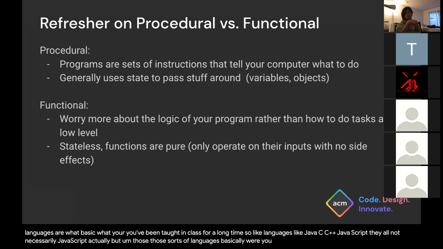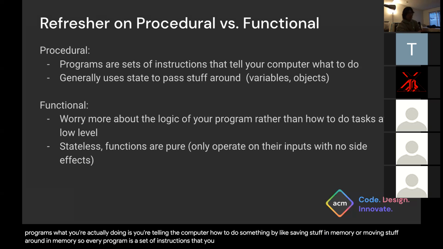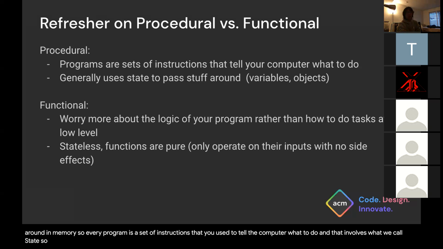Basically, when you write programs, what you're actually doing is you're telling the computer how to do something by saving stuff in memory or moving stuff around in memory. So every program is a set of instructions that you use to tell the computer what to do, and that involves what we call state. So saving stuff into variables, saving stuff into objects, moving that information around.